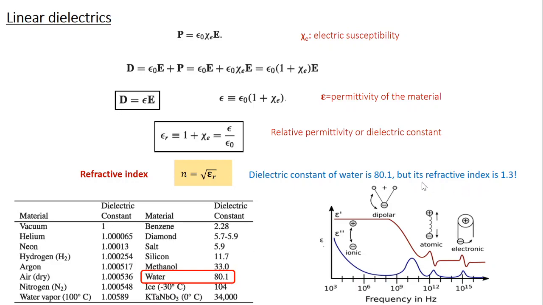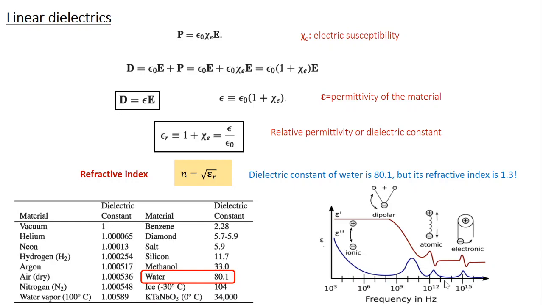But when we say refractive index, usually the refractive index is associated with light, visible light. So when light passes through water, 1.3 is the refractive index experienced by the light. If you look at the frequency of visible light, it's around 10 to the power 14 Hertz.